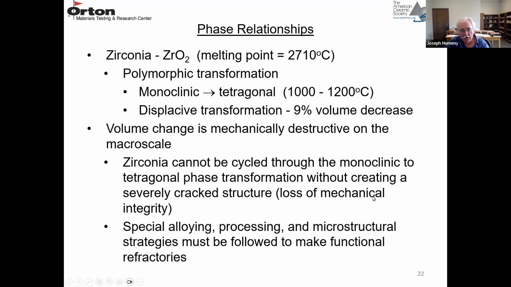And you're going to lose a great deal of your mechanical strength. So you have to do something with zirconia. You have to alloy it with another chemical. So special alloying, how you process it, and how you develop a microstructure, these are all important in order to make a functional refractory.